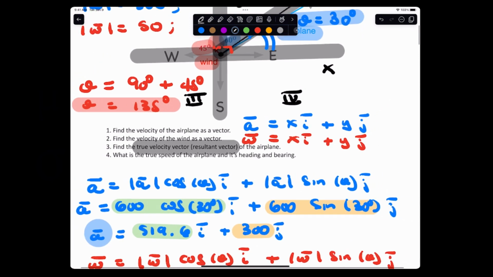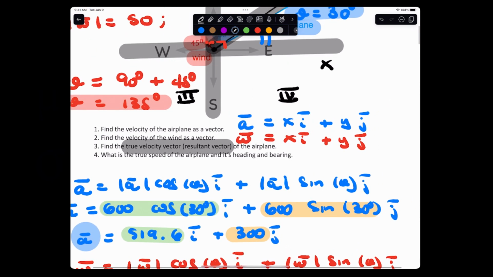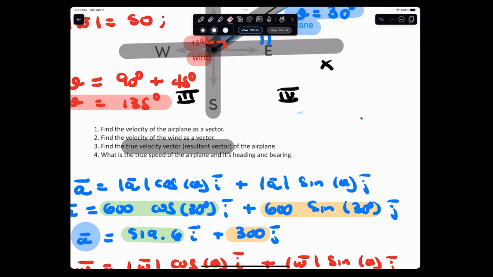So for question number 3, you know what they're saying? I got to erase this. For question 3, they're asking you for the resultant. R is going to be what? The A vector plus the wind vector. So your resultant vector will be simply adding those two.